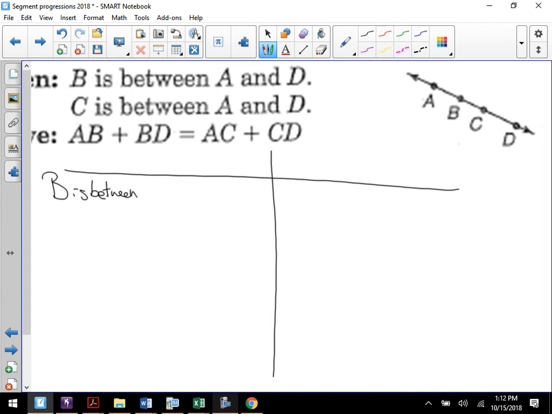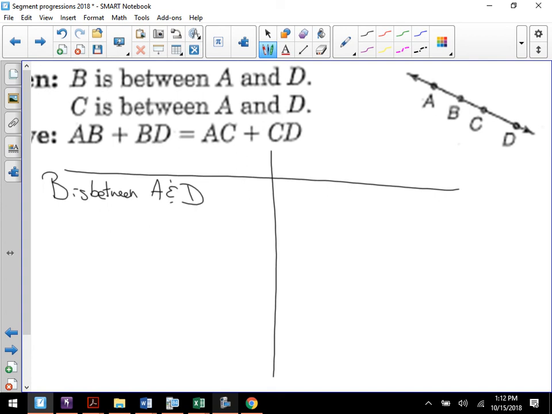I have a question. Yes, ma'am. Can you write like B and C is between A and B? No, because they're 2 separate steps. Yeah, that's a good question. When we're doing all of our given statements, I always write every single one of them out separately. Plus, each given statement might have something that you can say about it. For example, if you were given 2 different midpoints and an angle bisector, that's 3 given statements, and all 3 of them have something you can say.